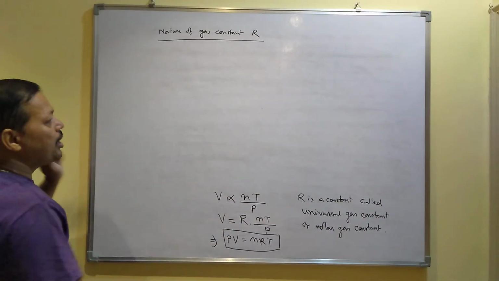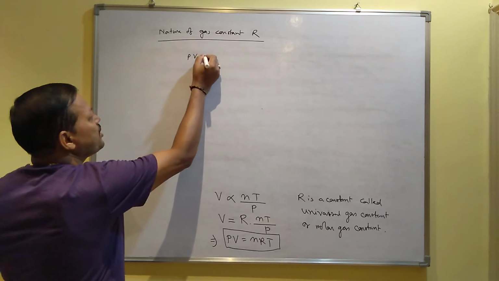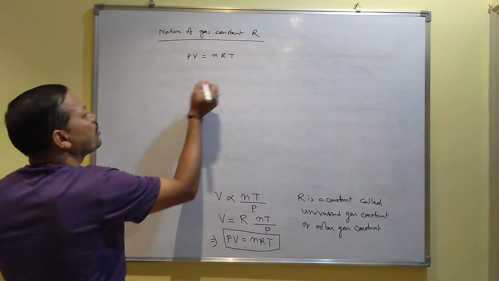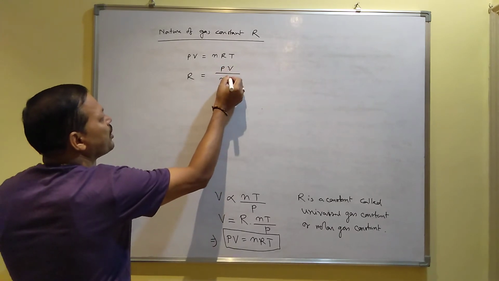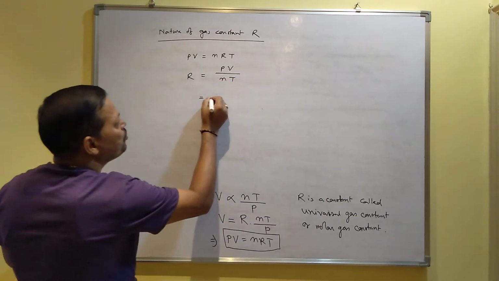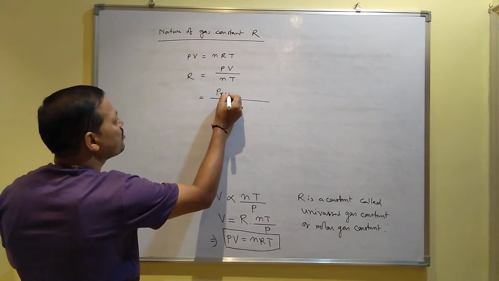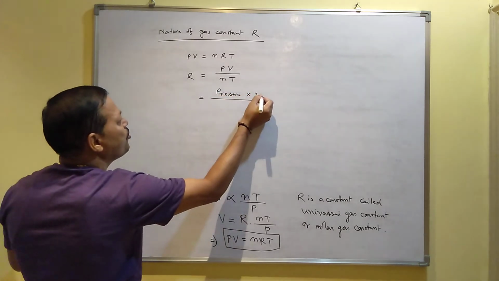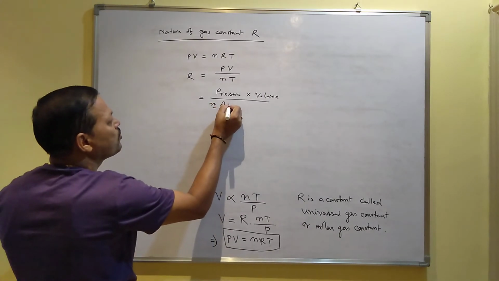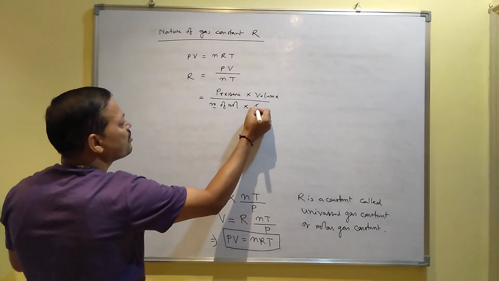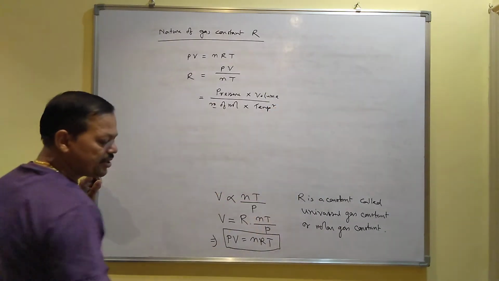So you have got PV is equal nRT, or you can write R equal PV by nT. You know P means pressure, V means volume, n means number of moles, T means temperature.